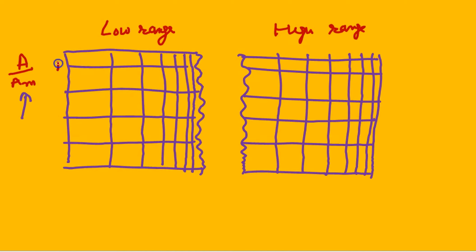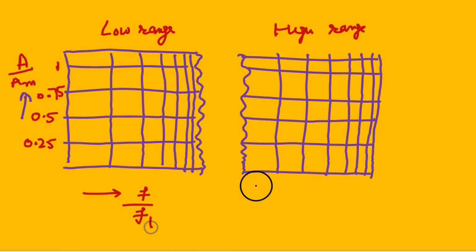Along y-axis, that's A upon AM, left hand side low range, right hand side high range, and along y-axis the linear scale, but along x-axis the non-linear scale.